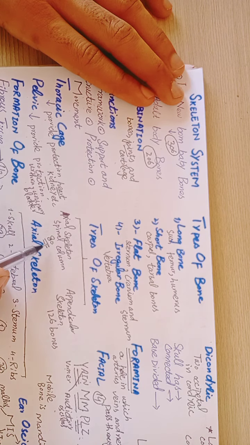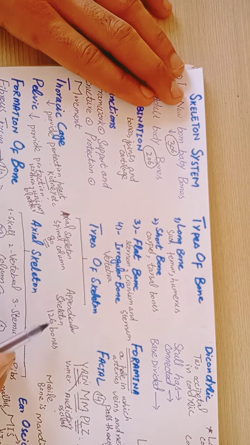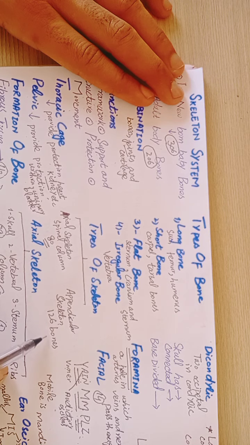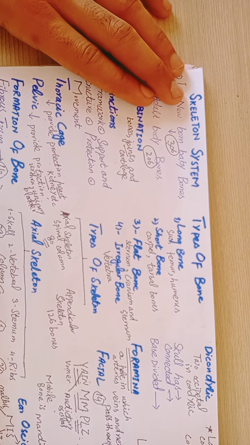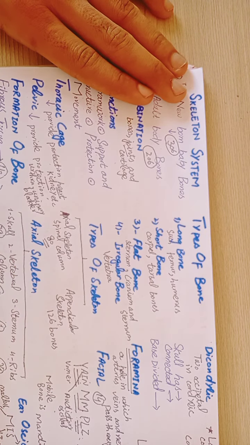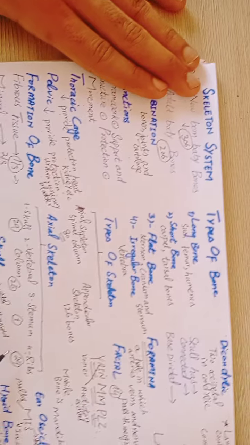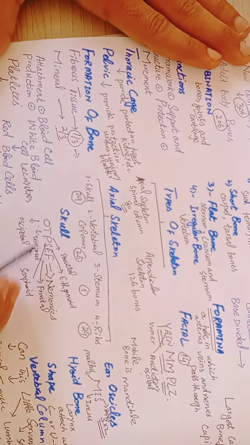The axial skeleton consists of 80 bones and the appendicular skeleton consists of 126 bones. In the axial skeleton, the skull has 29 bones, the vertebral column 26, the sternum 1, and the ribs 24. Skull.